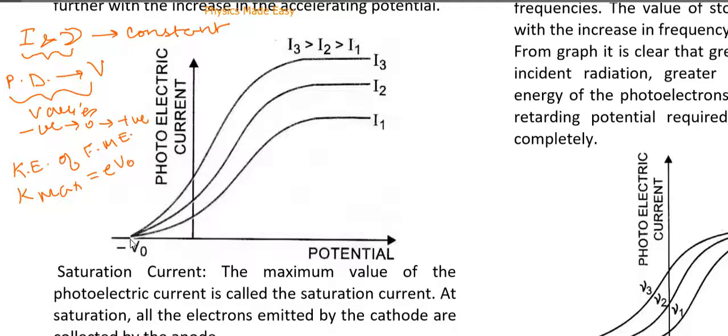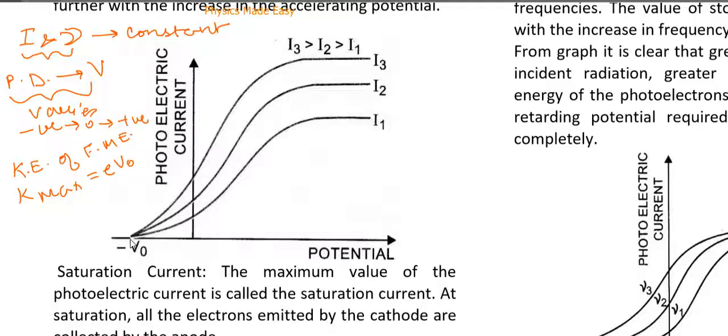You just multiply it with the electronic charge, then we will get maximum kinetic energy. This is the significance of stopping potential. Stopping potential measures maximum kinetic energy of the emitted electron.